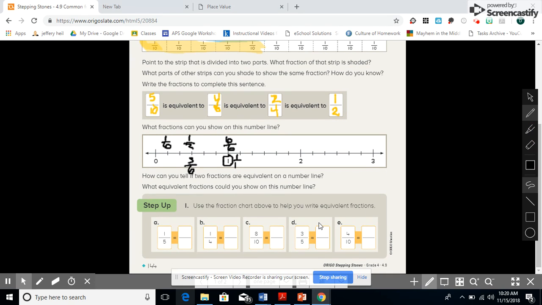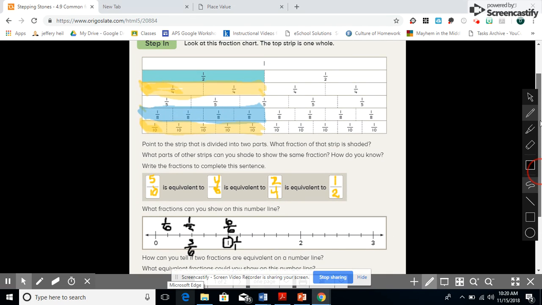Then we're going to go down here. It says use the fraction chart above to help you write your equivalent fractions. So we're going to go back up and look at 1/5 and see, I'm going to erase these. We have 1/5 right here. And we want to see what is equivalent to 1/5.